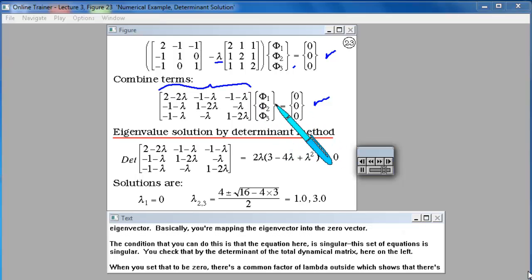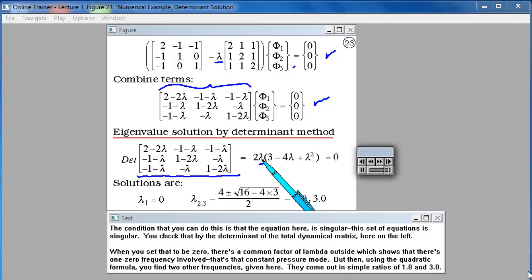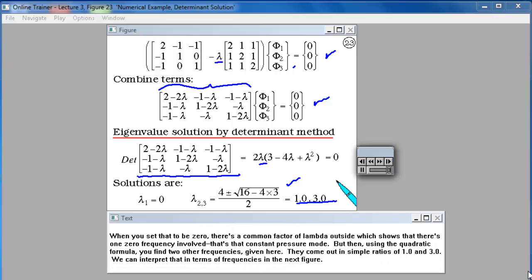The set of equations is singular, and you check that by the determinant of the total dynamical matrix here on the left. When you set that to be 0, there's a common factor of lambda outside, which shows that there's 1 0 frequency involved. That's that constant pressure mode. But then, using the quadratic formula, you find 2 other frequencies given here. They come out in simple ratios 1 and 3, and then we can interpret that in terms of frequencies in the next figure.